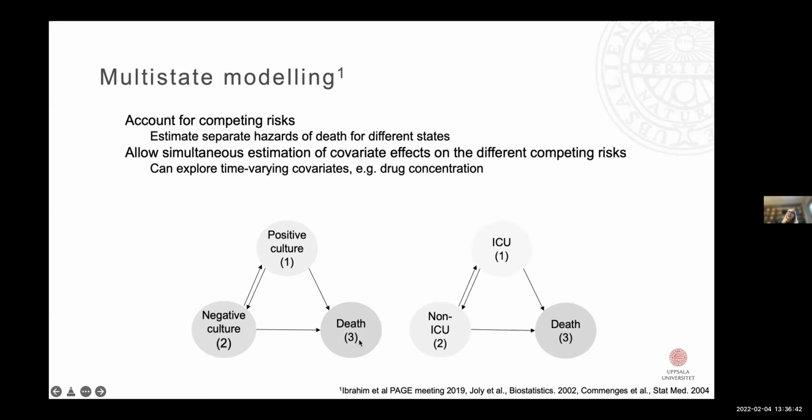But they can also die, of course, if they have a negative culture. But with this type of structure and model, we can sort out better where the drug effect is and what is causing what. So this is a way of accounting for competing risks, and therefore maybe a better and more informative way of describing the data.